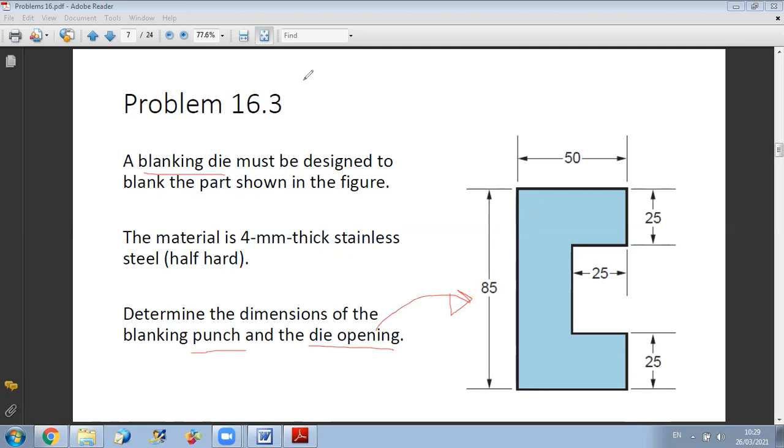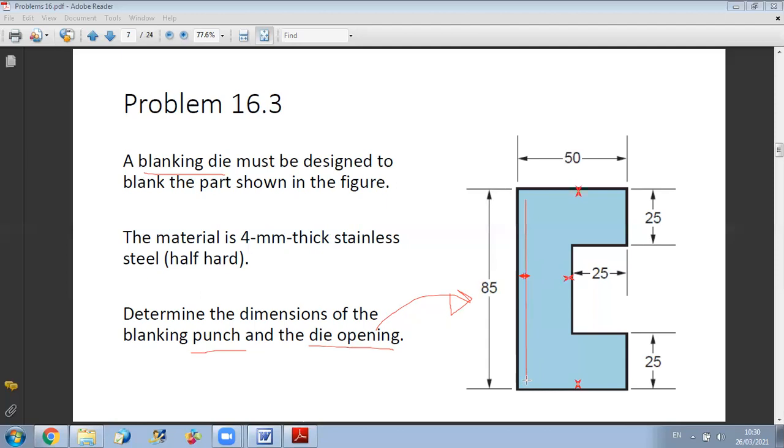So we will draw what should be the geometry of the punch. Always, when we have a blanking operation, we should pay attention to ensure a certain clearance between the die and the punch. So here I should have clearance from all sides, okay? If I make sure to have the clearance between the sides, then I will now draw what should be the geometry of the punch.